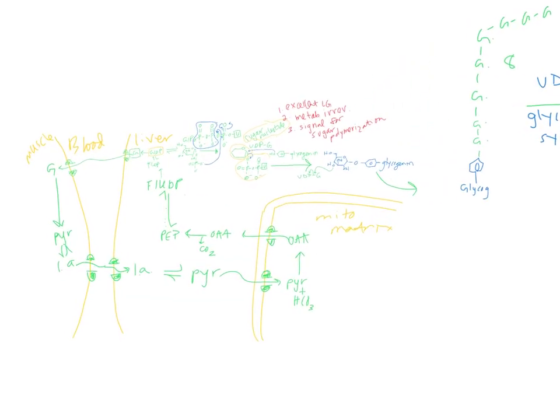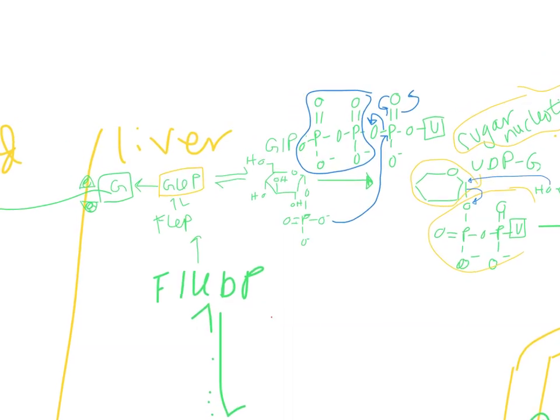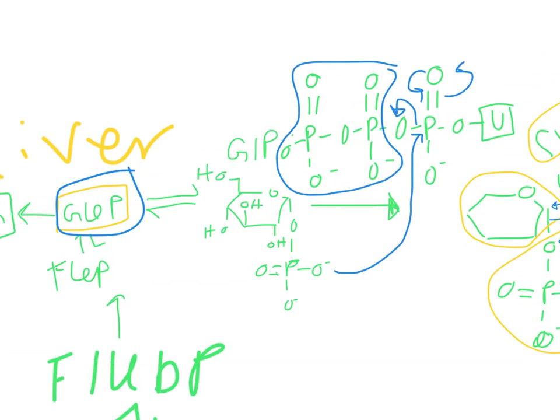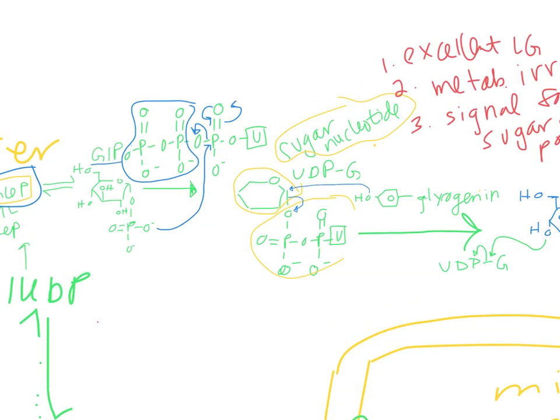So as a recap, we start glycogen synthesis from glucose 6-phosphate. Glucose 6-phosphate is isomerized into glucose 1-phosphate. Glucose 1-phosphate is then connected to a UTP, which becomes UDP glucose.